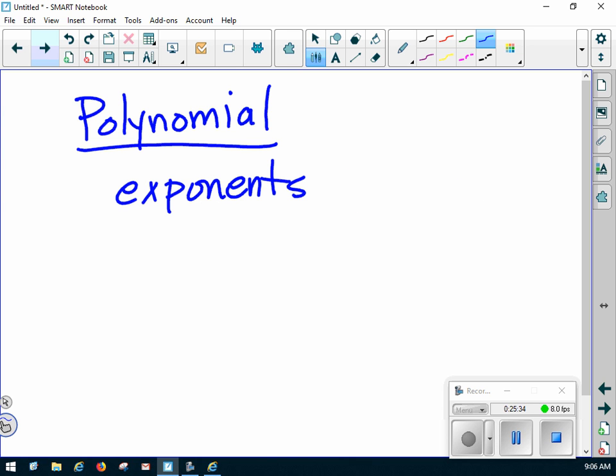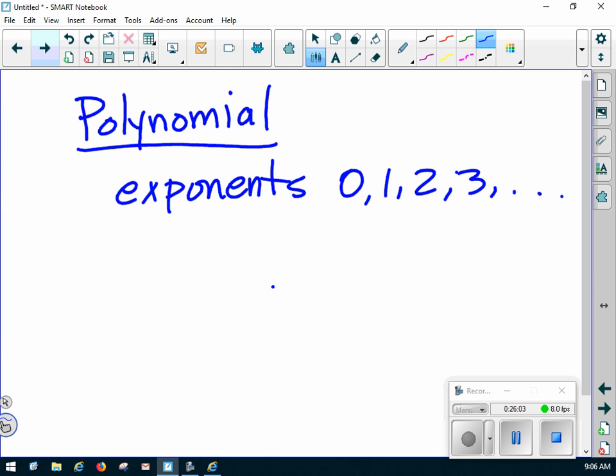You cannot have an exponent that's a fraction. You cannot have an exponent that's a decimal. If you've got a function where all the exponents are numbers like this, then the domain is always all real numbers. Always.